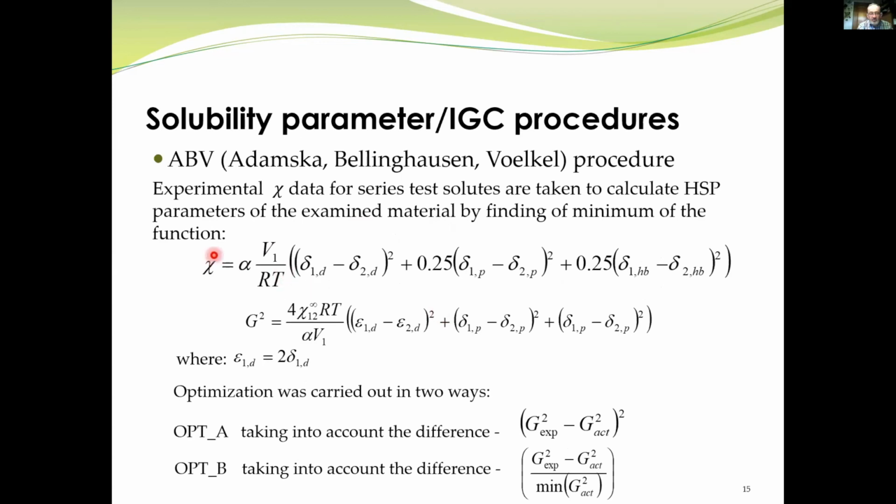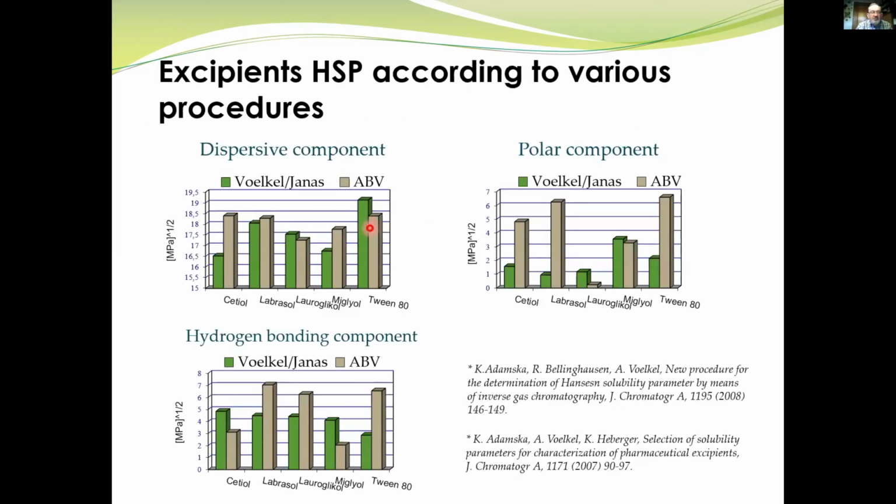It's one equation. Here is the interaction parameter obtained from IGC measurements, and these values for a series of test solutes might be used to calculate the component. It works very nice, and you can see these values are a little different from the previous ones, where we have to select test solutes.